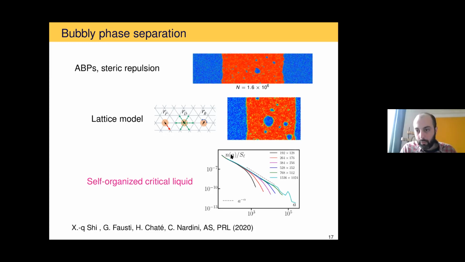In particular, we measured the number of bubbles of a given area A. And what you see is that there is a power law distribution with a cutoff that increases with the system size. So our interpretation is that this bubbly liquid has all the properties of a self-organized critical system.